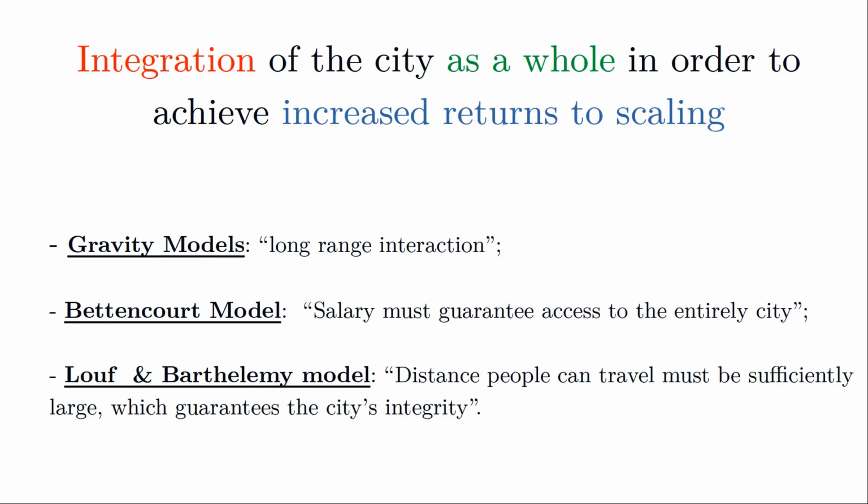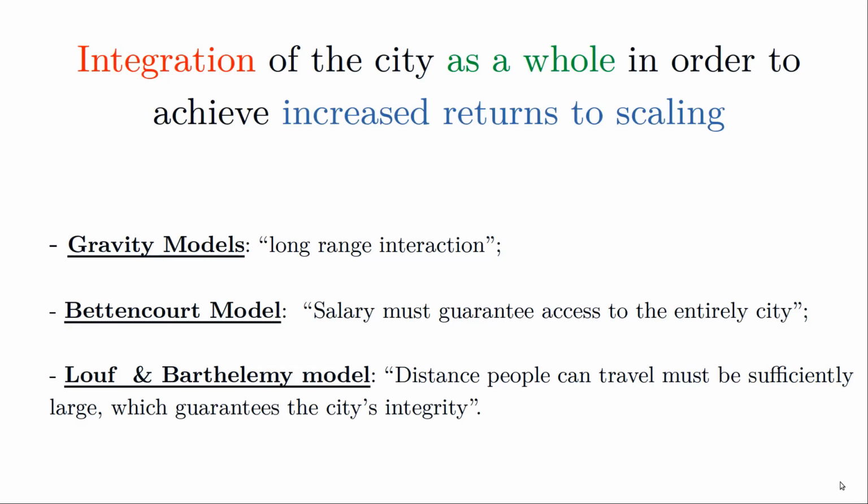And also, the Bettencourt model can only explain superlinearity when he imposes that the salary of the people must guarantee access to the entire city. And the Lobo and Bettencourt model has also the same idea: the distance people can travel must be sufficiently large in order to guarantee the city's integrity.